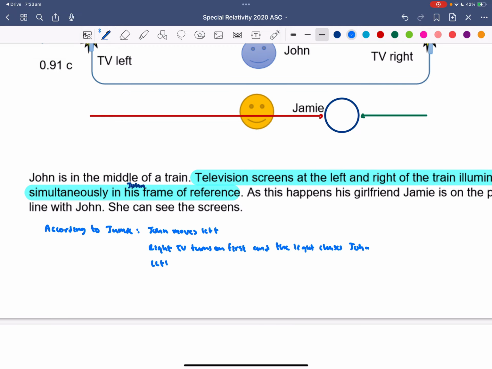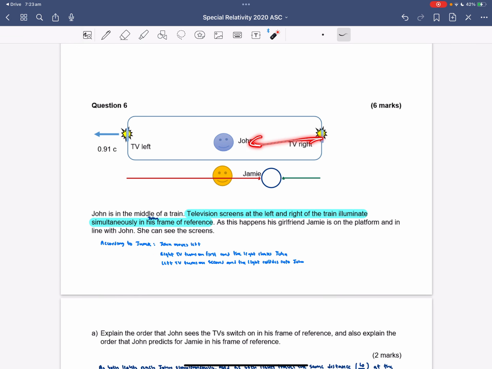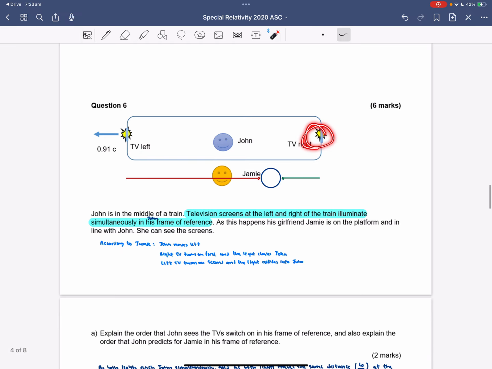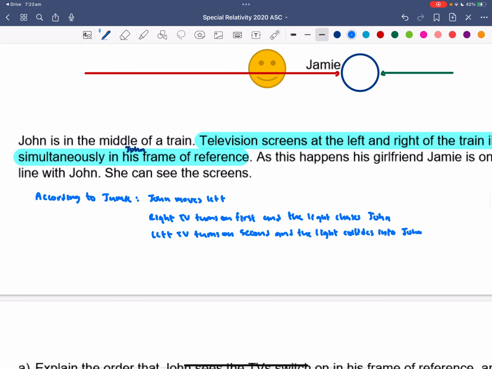The left TV turns on second, and the light basically runs into John. The light collides into John, which therefore means that if this light chases John and this light runs into John and this light happened first, effectively we're agreeing that according to Jamie, both lights reach John simultaneously.